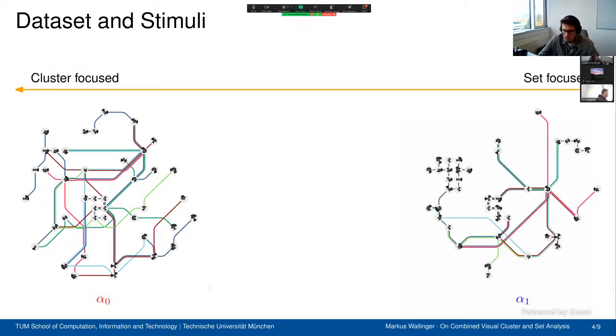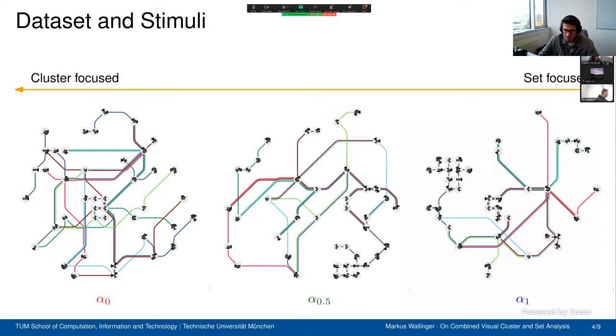And of course, we also computed some set system for this data set. And then we had 3 values for alpha: the cluster focused alpha 0 view, the set focused alpha 1 view, and of course the mixed view where we considered both perspectives equally with alpha 0.5.